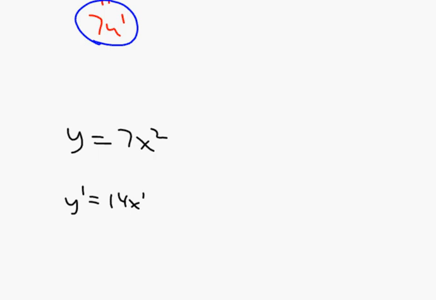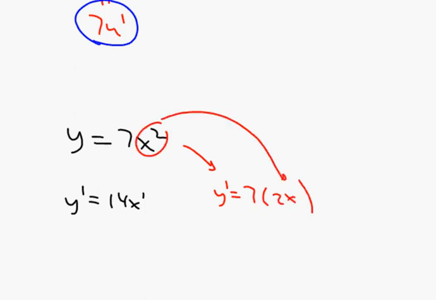But I'm just going to write it slightly differently. I'm going to think of this as y prime being 7 times the derivative of x squared, which is 2x to the first. So you'll notice I'm just sort of saying I'm going to think of the 7 as being the coefficient. Here's the 7 here. Here's the 7 here. And if I take the derivative of this x squared, that thing by itself becomes 2x to the first.